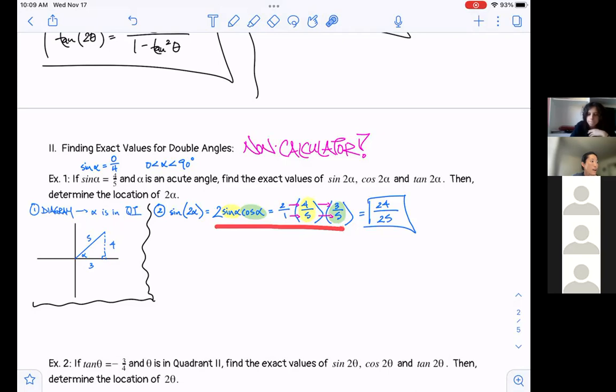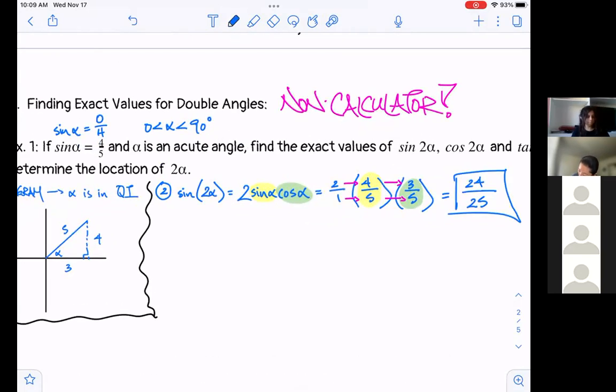Okay. So let's try the same thing, but for cosine. All right, so cosine of 2 alpha. Now I know I said that there were 3 different formulas for the cosine one, right? So for this first time, I'm going to write out all 3. You're going to help me plug in the numbers. And then before we calculate anything, I want you to help me figure out which one of the 3 is going to be the easiest to calculate.